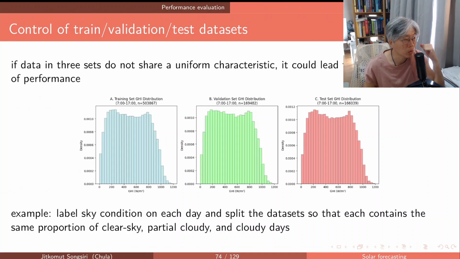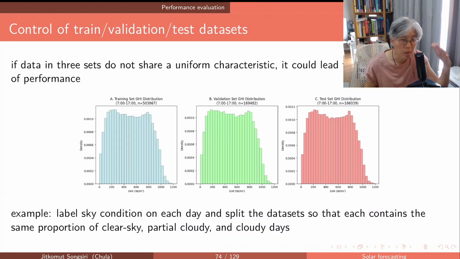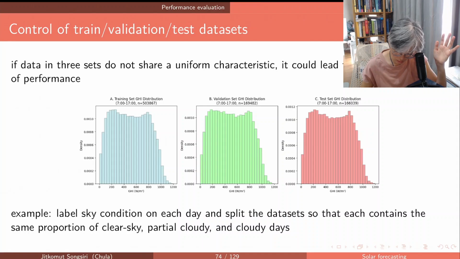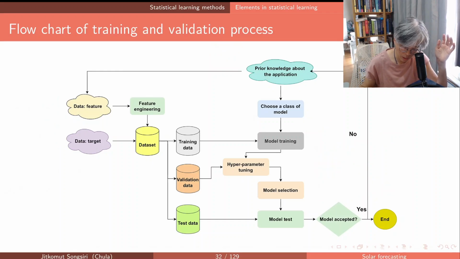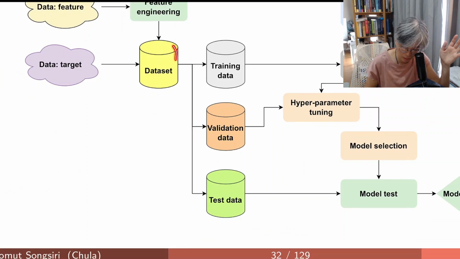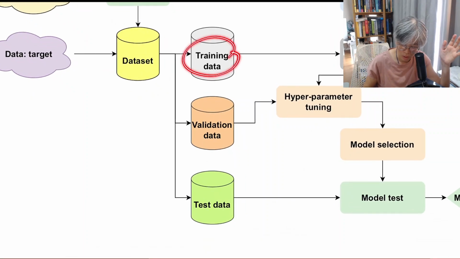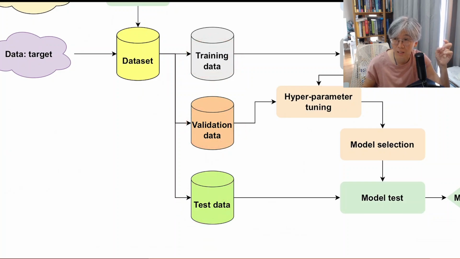Another guideline when you perform the evaluation is actually going back to the step where you split the data set. I would like to go back to this slide I mentioned in the previous video. When you perform solar forecasting, we follow this flow chart. The beginning is to prepare a data set, and then you have to split the train, the validation, and the test.